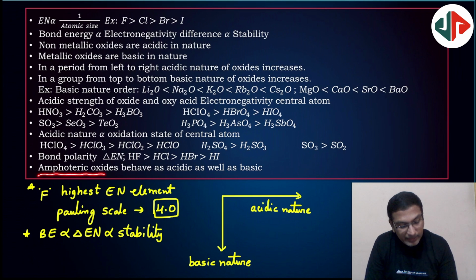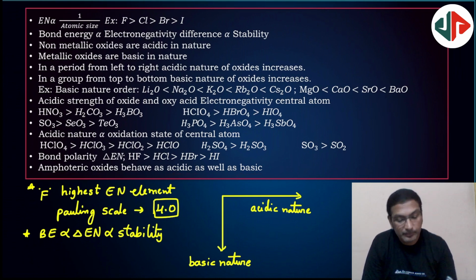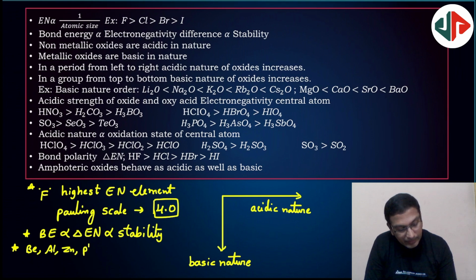Amphoteric oxides. What are amphoteric oxides? That means oxides having both acidic and basic properties are amphoteric. So, amphoteric oxides will be formed by beryllium, aluminium, zinc, tin, lead.